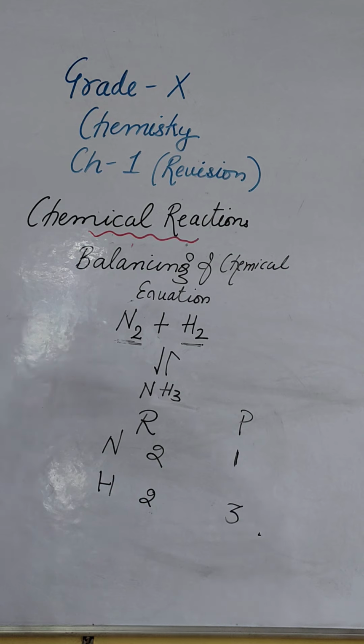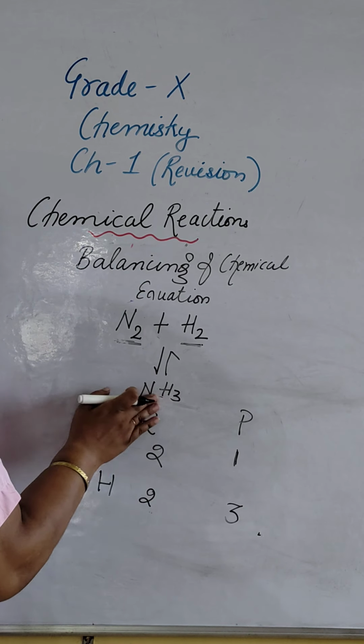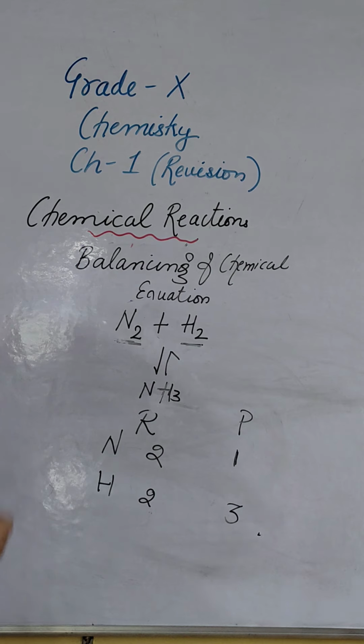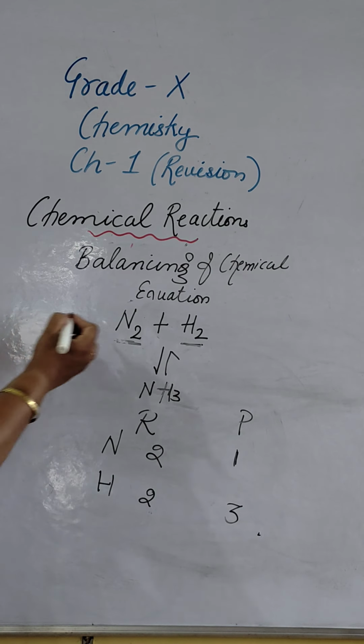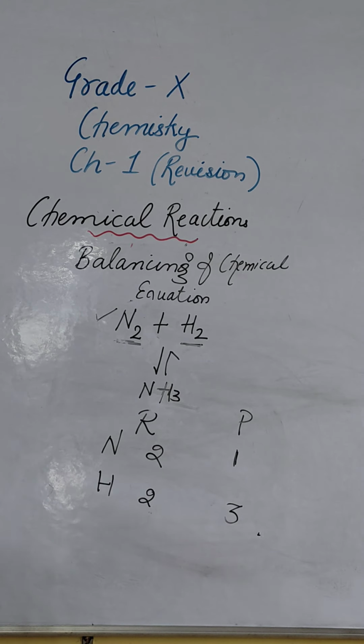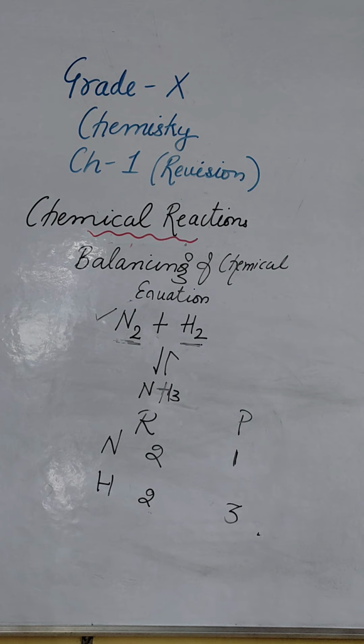Otherwise the formula will change. Some students make this kind of mistake, they add here. No, nothing can be added in the parenthesis. Otherwise the formula will change. We can only add at the front of the compound. That is stoichiometric coefficient. Fine? We can add only stoichiometric coefficient.